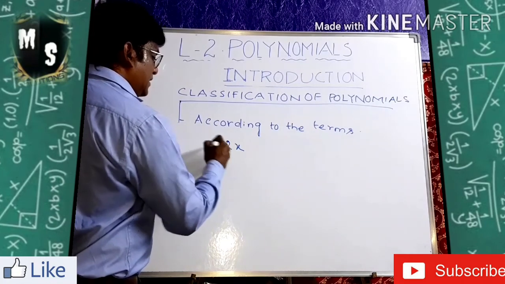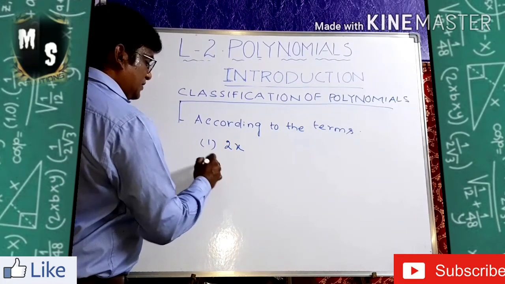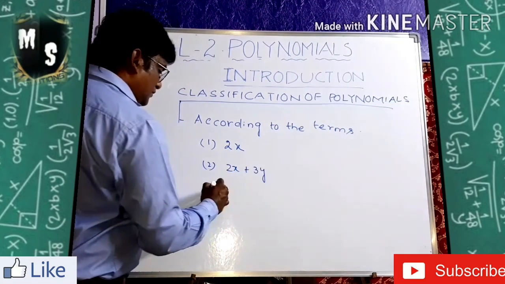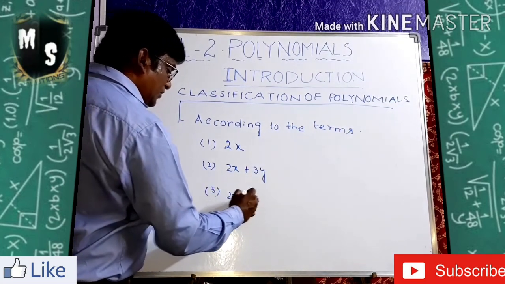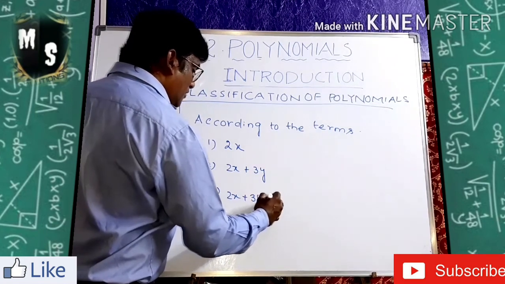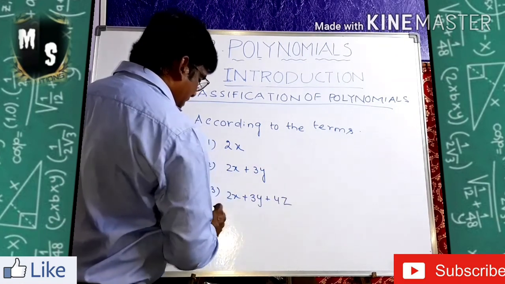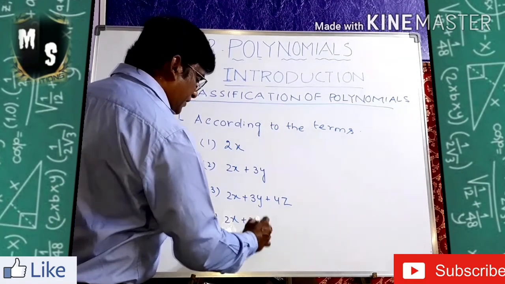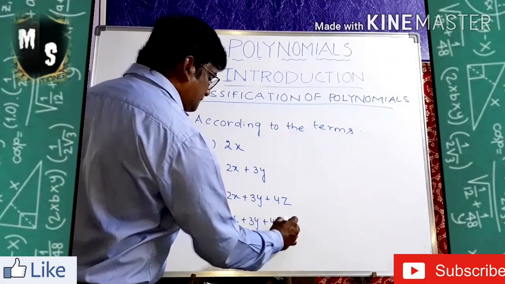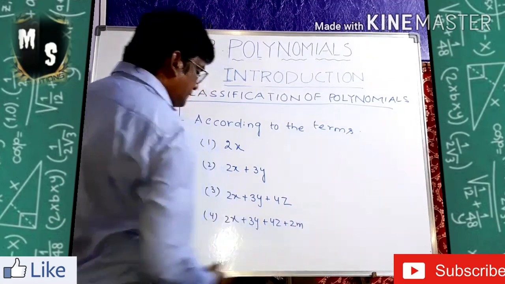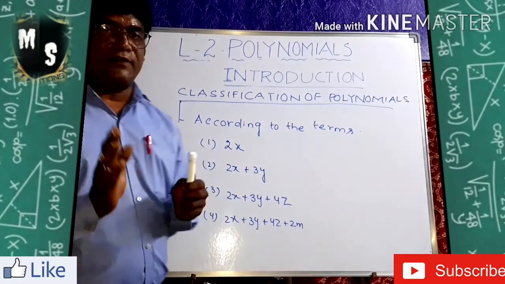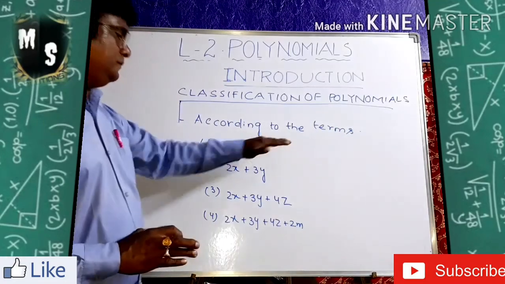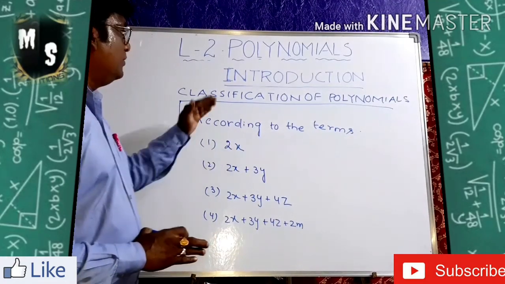One expression I am writing is 2x, another is 2x plus 3y, another is 2x plus 3y plus 4z, and the fourth is 2x plus 3y plus 4z plus 2m. We can take any small English letter as a variable.